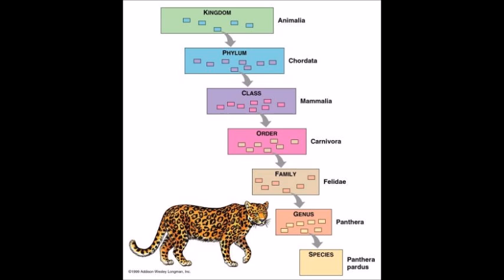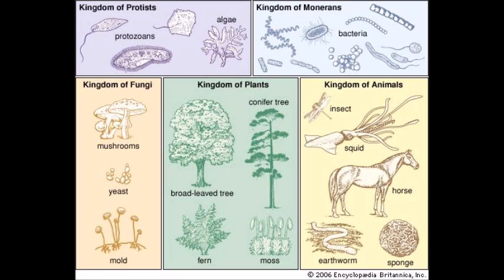Basically what taxonomy does is take all these animals and give them scientific names, and they're all set in a group, and you list them by their characteristics.